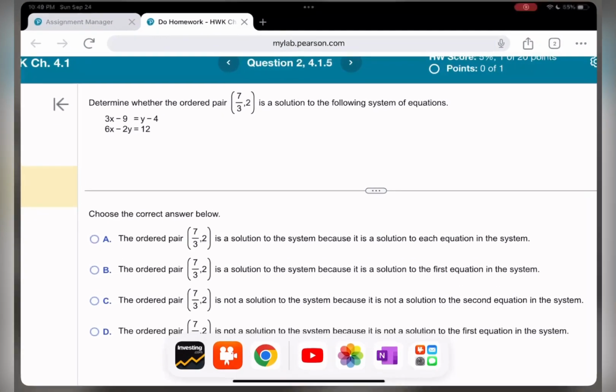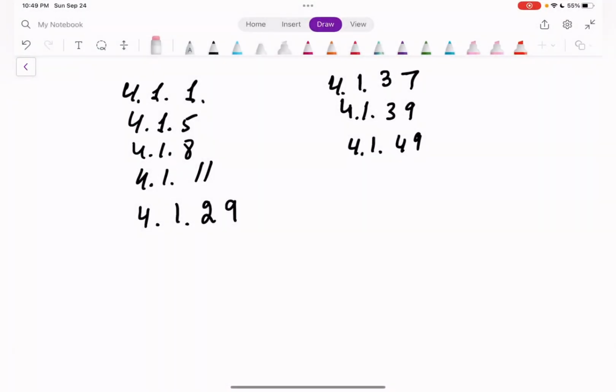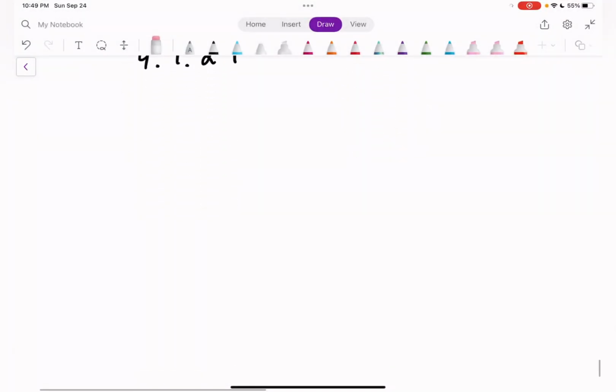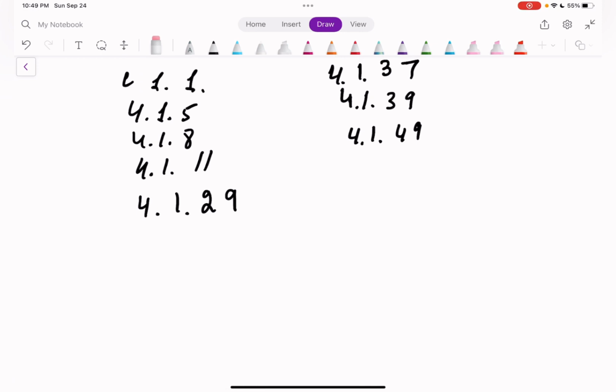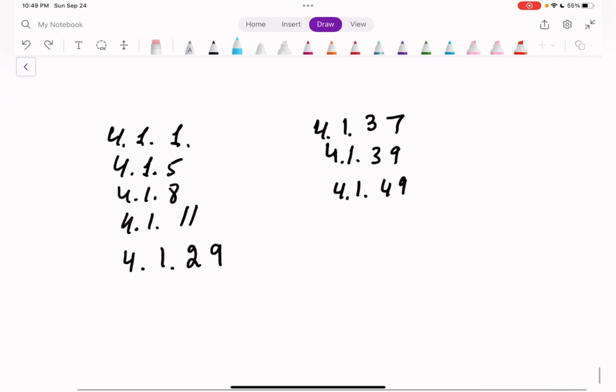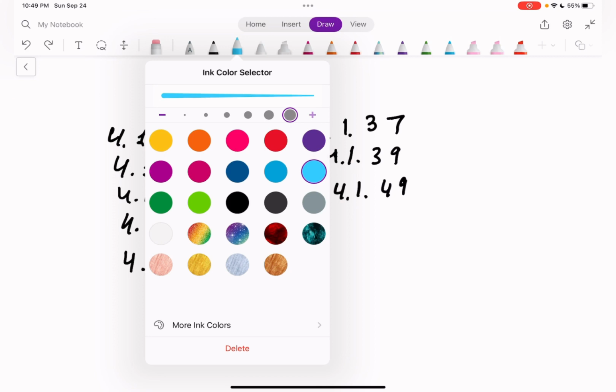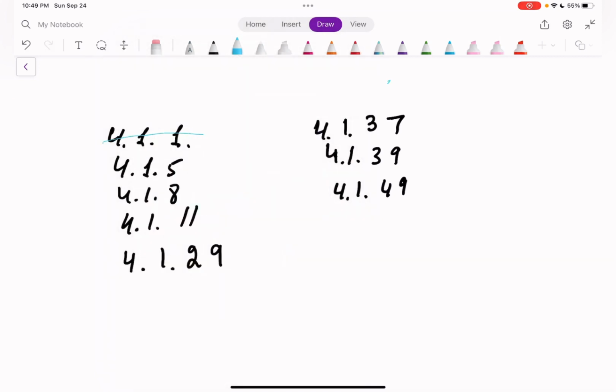So we solve this one, scratching, oops. Now doing 4.1.5.